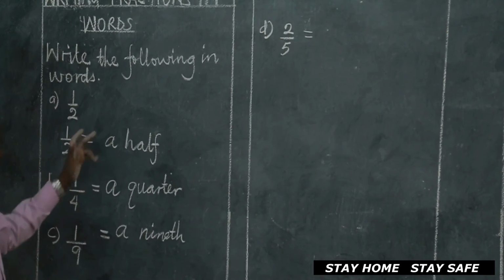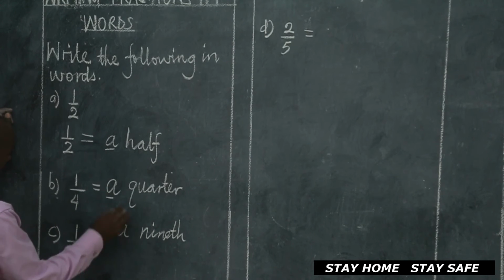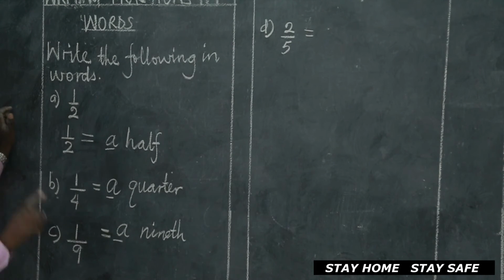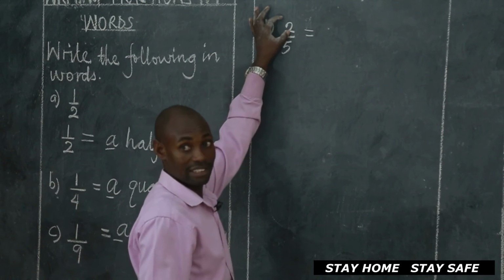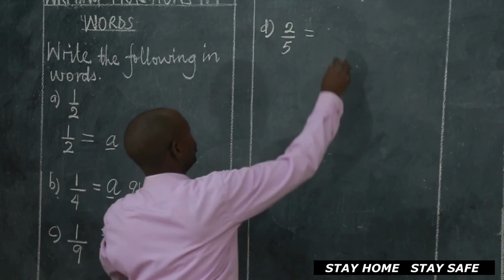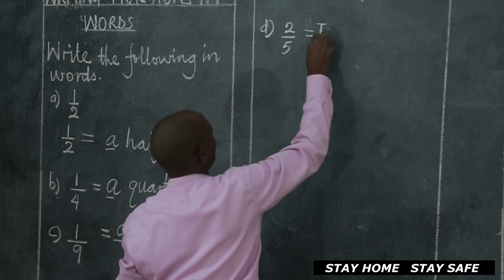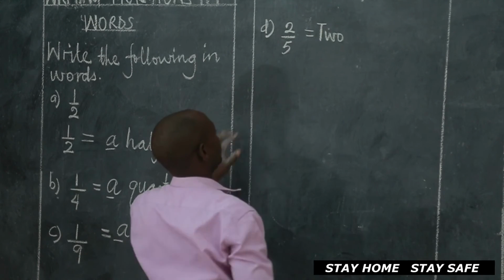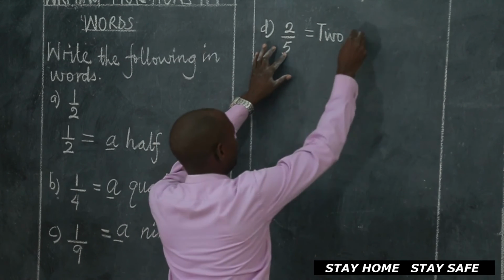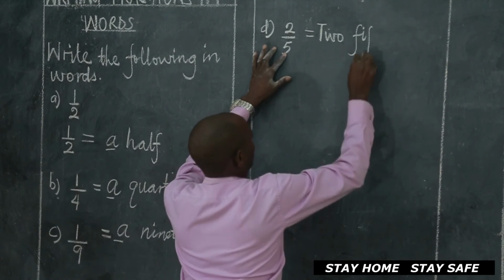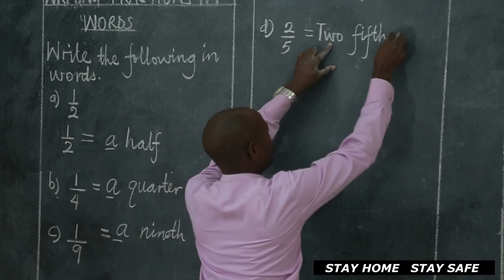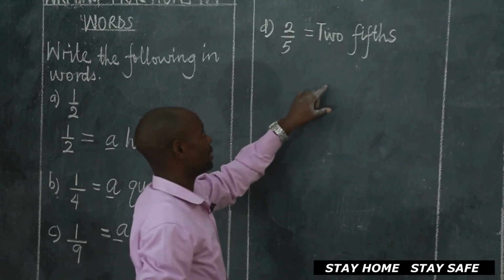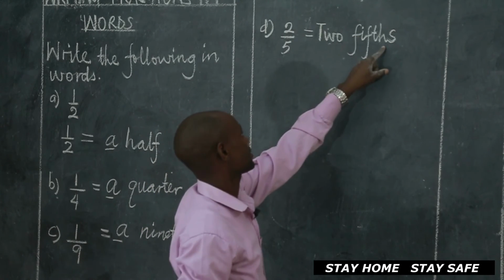If you are careful, I'm using the article a to mean 1. This is 2, so you say 2 fifths. Because they are 2, you add s, then it becomes 2 fifths.